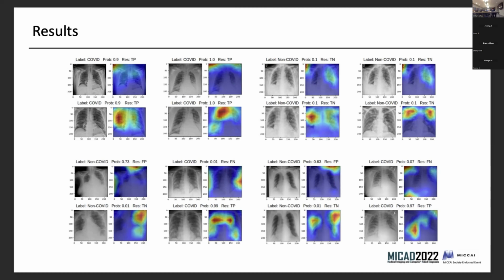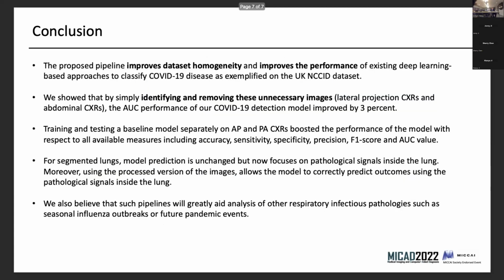And we can see switches from false negatives to true positives, and from false positives to true negatives. It was quite good to see that it actually worked.